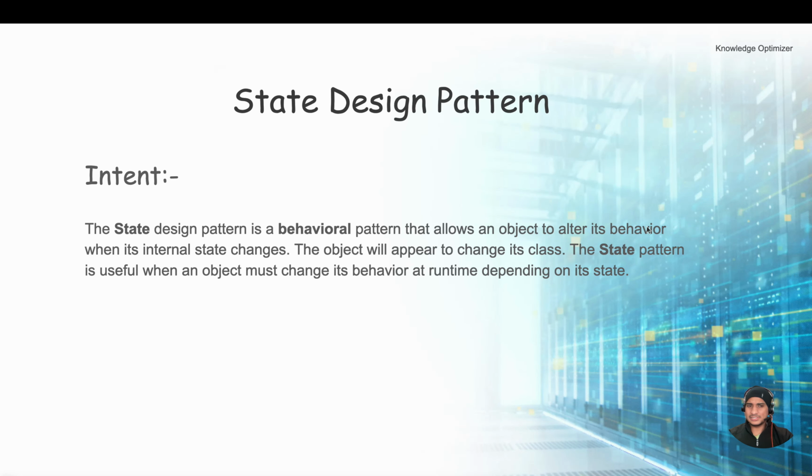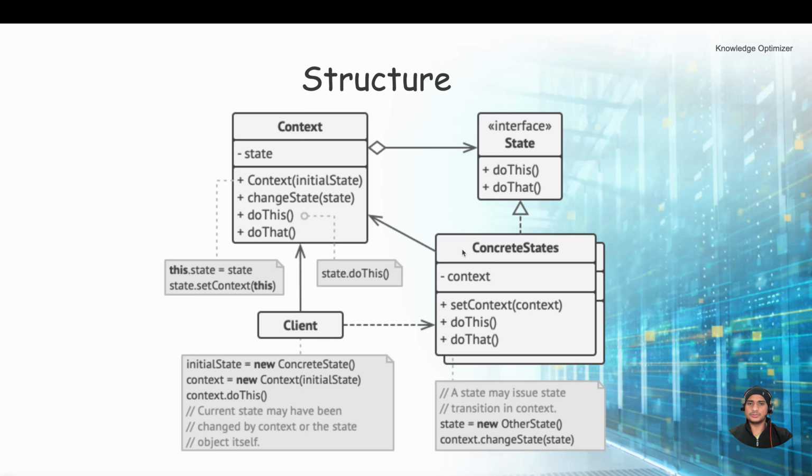If you see the definition, it allows an object to alter its behavior when its internal state changes. Like it was allowing the vending machine to change its behavior when its internal state changed. If you see the structure, there is a state interface we have created, and the functionality of the vending machine is mentioned here.